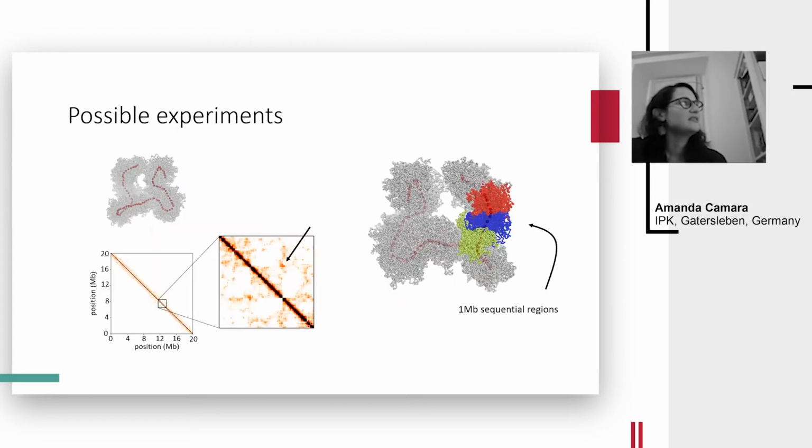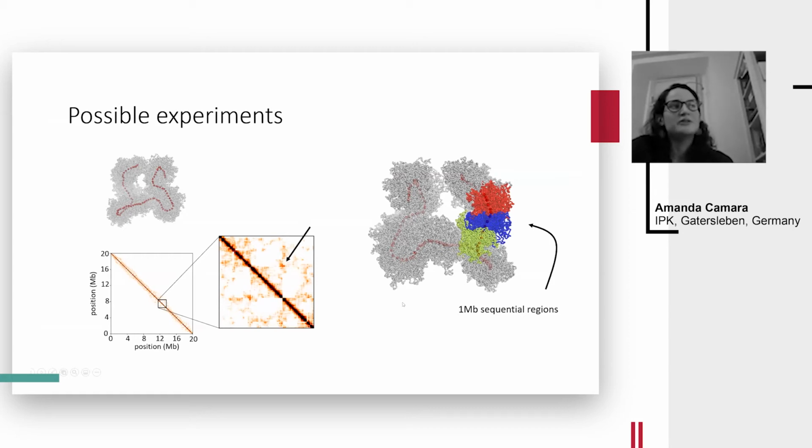And so we propose that other experiments could be done. Using the model that we have, we could predict how a Hi-C matrix would look, and we see that besides the main diagonal, in this compacted state it would also appear as small squares resembling dots, with these highlighted dots here signaling that we have these regions coming together very often, which would be the regions where we find the centromeric units.